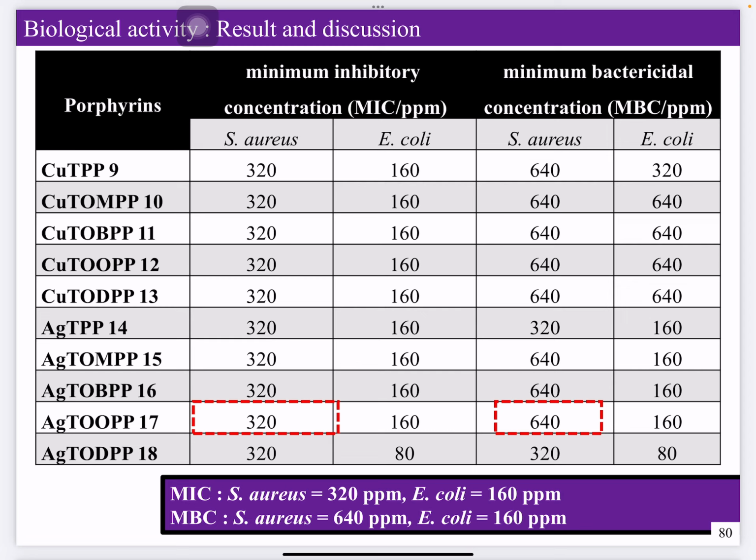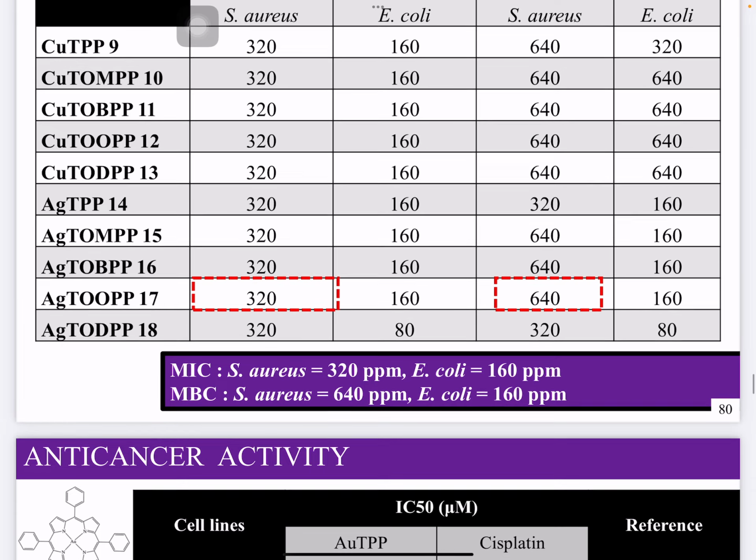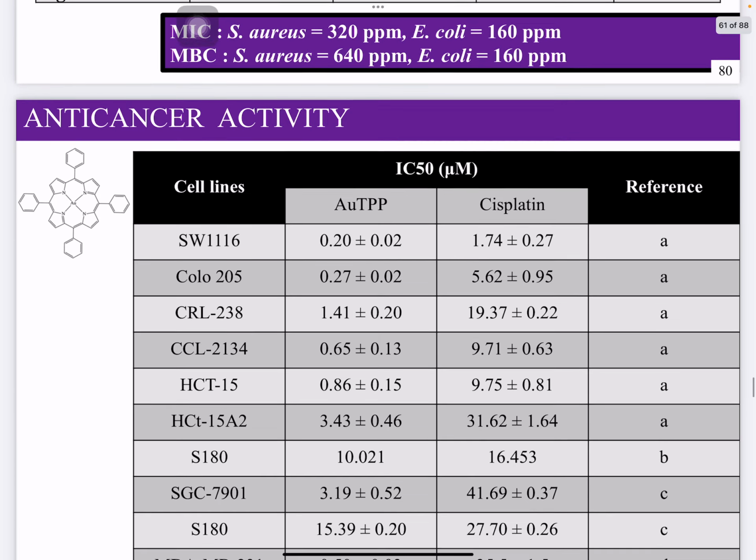The MBC, minimum bactericidal concentration, ranges from 640 down to 320, especially for silver TODPP. And the MBC for silver TODPP is as low as 80 as well. So that confirms that both the copper derivative and the silver derivative are active as antibacterials.